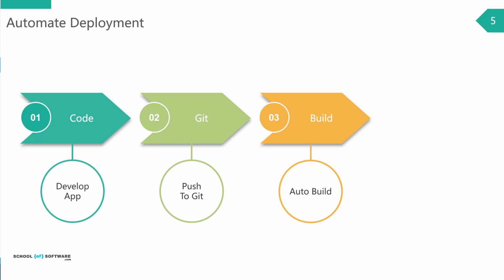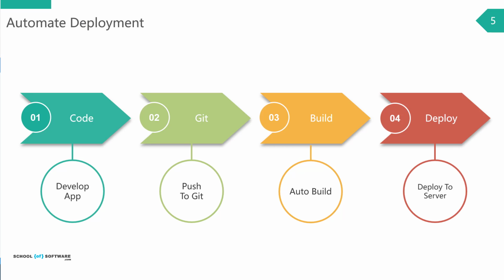So technically, if someone just monitored that Git repository, and anytime there was a change, said, oh, there's a change, so I need to do my build and deployment. That's kind of the idea, right? So anytime there's a change to the Git repository, you want to kick off a build, which will create the package that you want to deploy.